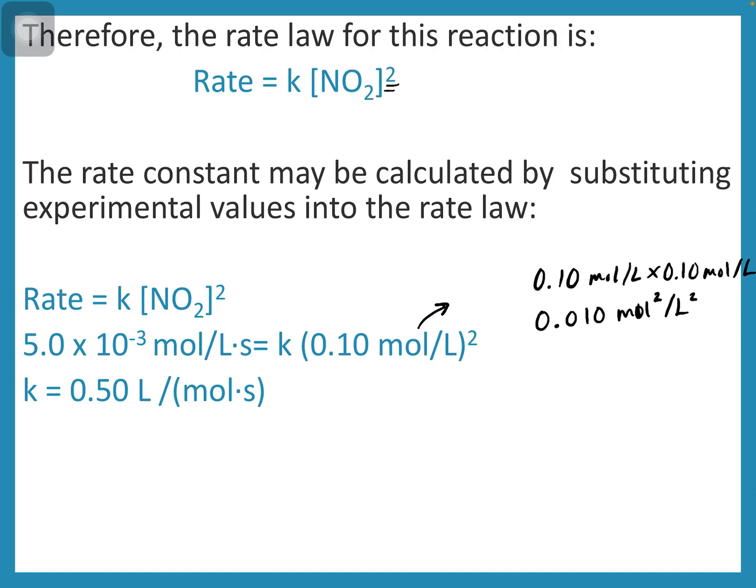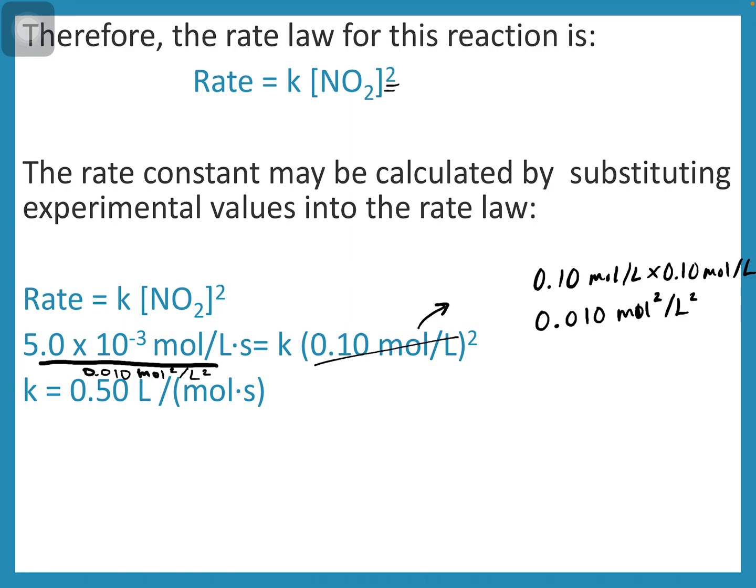So I have moles times moles, and in the denominator I have liters times liters. So that is the value that I would divide on both sides. So it's going to cancel on this side as I move it over to here. So 0.010 moles squared per liters squared.